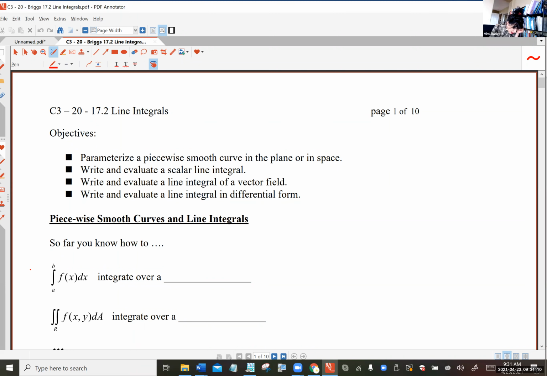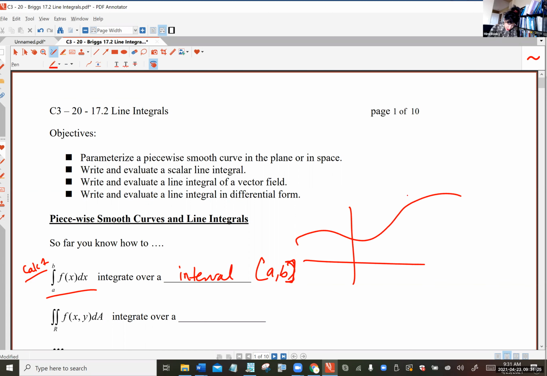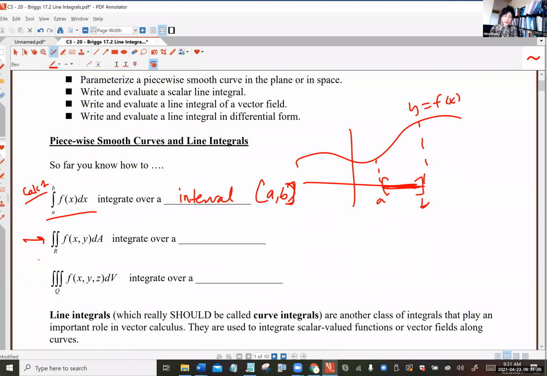In Calc 1, they taught you a single integral, where you were integrating over an interval, going from A to B. Here's your function, and you were integrating over this interval here. Okay, fine. Then we did double integrals.